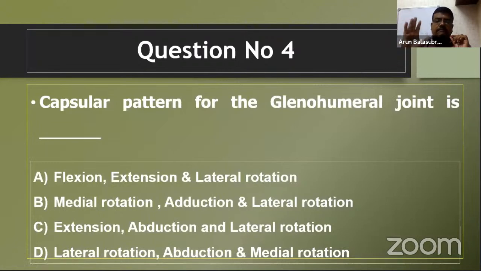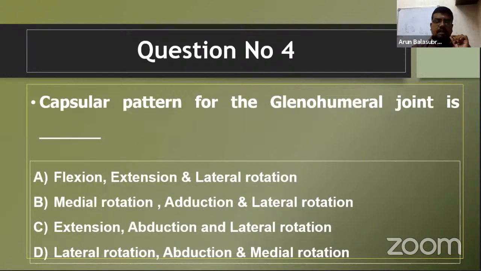Capsular patterns are found in all joints which have a capsule, and the joint will go for tightness based on the capsular pattern. If the joint is tightened according to the capsular pattern, it is called capsular tightness. If it does not occur as per the capsular pattern, then it is called non-capsular tightness, right?